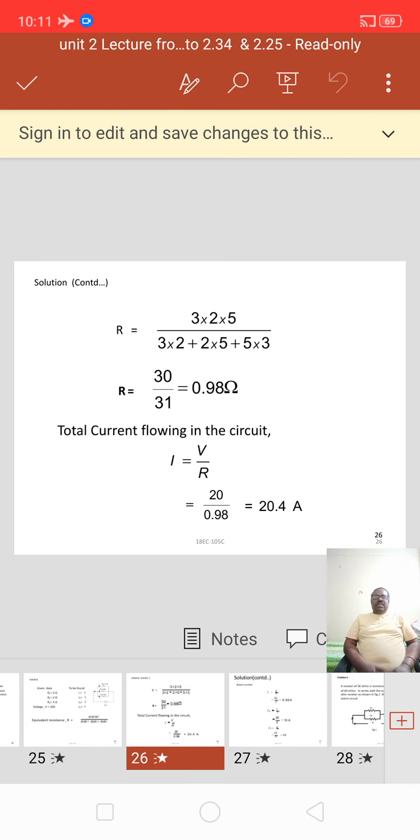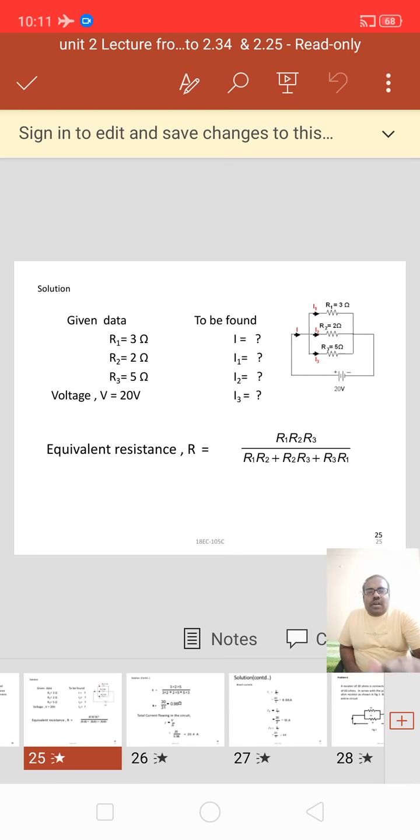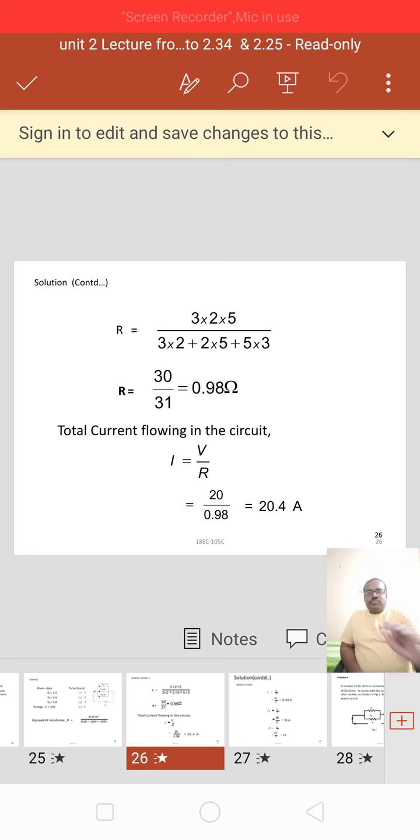By changing into different combinations, we get R equal to R1 R2 R3 by R1 R2 plus R2 R3 plus R1 R3. Now by doing different calculations, we get R equal to 30 by 31, that equal to 0.98 ohms. Total current flowing in the circuit is I equal to V by R, that equal to 20 by 0.98, that equal to 20.4 amperes.